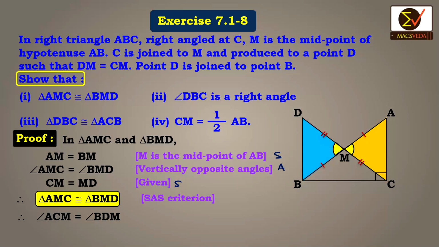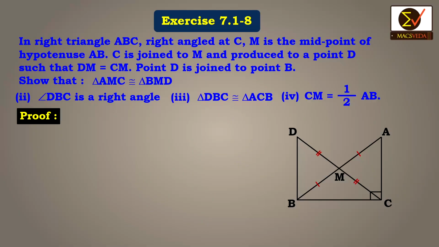Now here, angle ACM is equal to angle BDM. Why? Because they are the corresponding angles. So corresponding parts of congruent triangles are equal. Therefore, by CPCT property, angle ACM is equal to angle BDM.